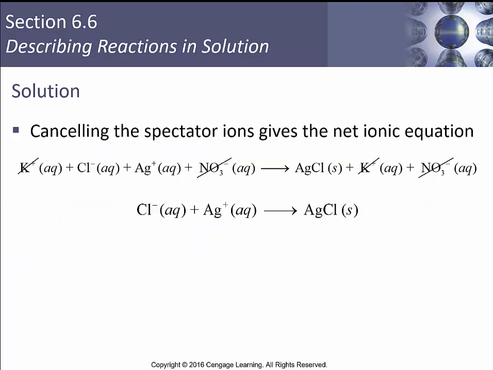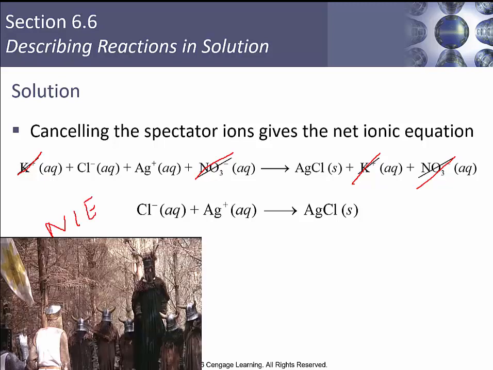If we cancel those guys out, get rid of our Ks, get rid of our nitrates on both sides because they're the same, we end up with our net ionic equation. Right, our NIE, or NIE. Learned a Monty Python joke there. Or a net ionic equation. So it's going to be Cl minus plus Ag plus is going to give us AgCl solid.